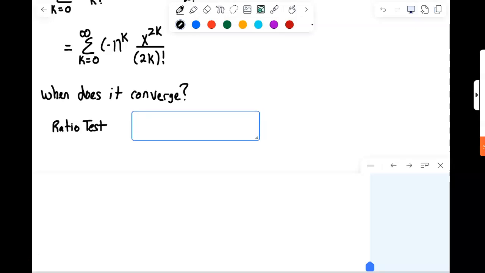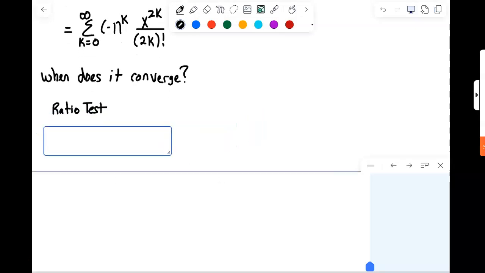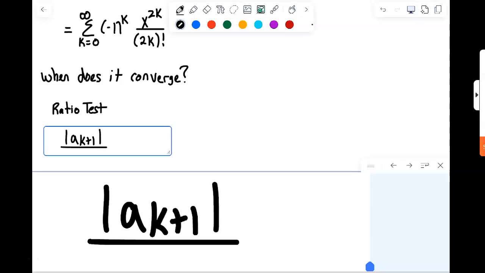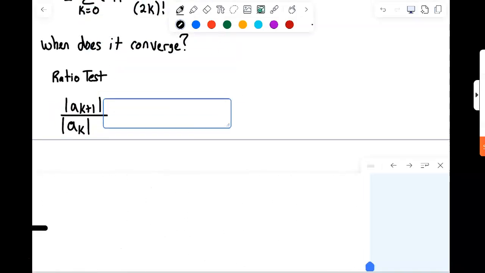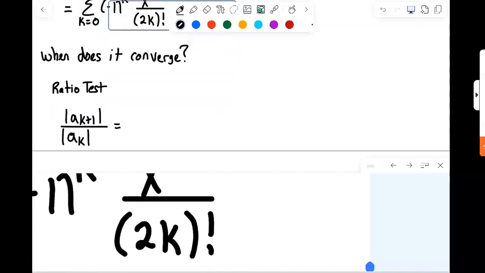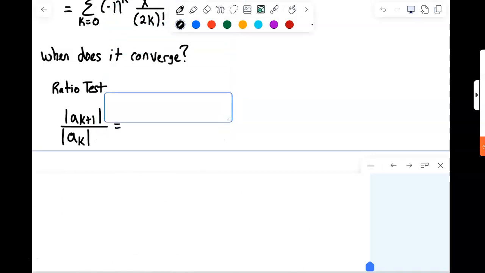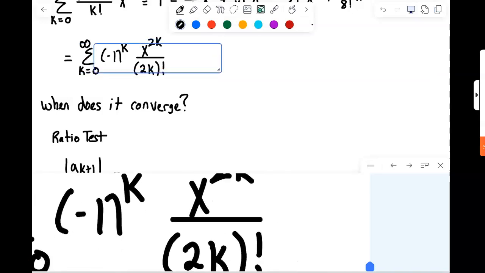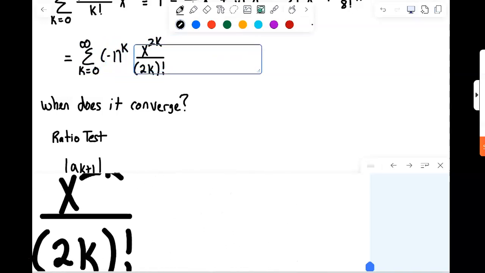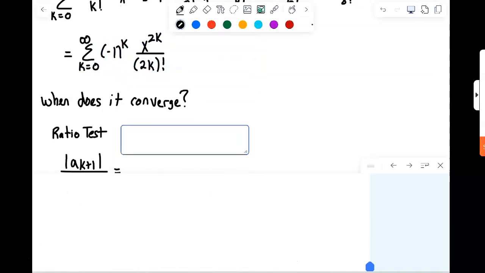So remember the way the ratio test works, we're going to be taking the absolute value of a_(k+1) over the absolute value of a_k. So plugging that in, we're going to drop the alternating sign, that doesn't matter, because we're looking at absolute convergence.